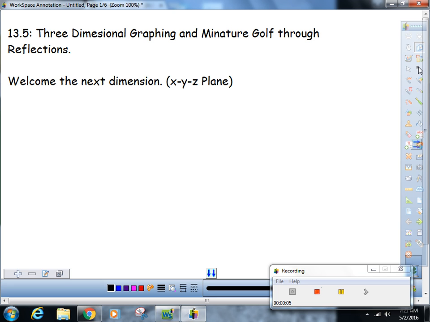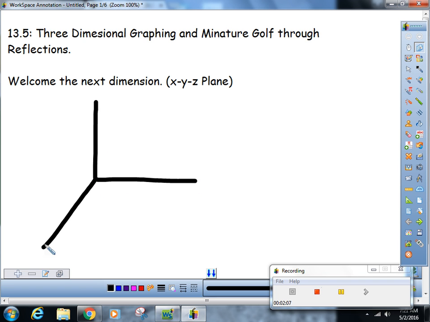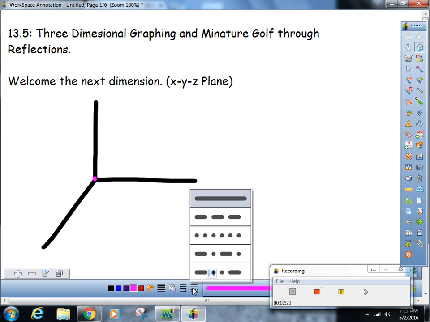Here's what you need to understand. There's this right-handed system, and the reason they call it right-handed system, oh, hold on a second here. Let me try this.